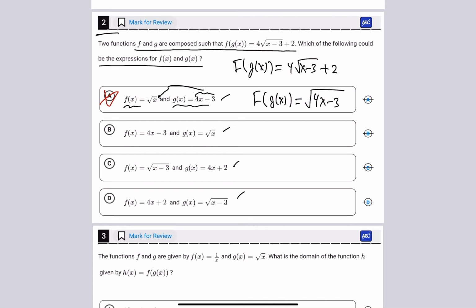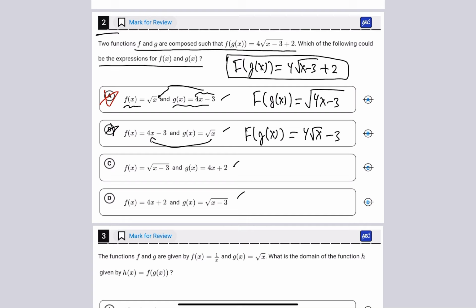Moving on to option B. Remember, we're searching for an option that gives us 4 square root of (x minus 3) plus 2. Looking at option B, we're plugging in square root of x into x. We have 4 square root of x minus 3, which is not the case as well.